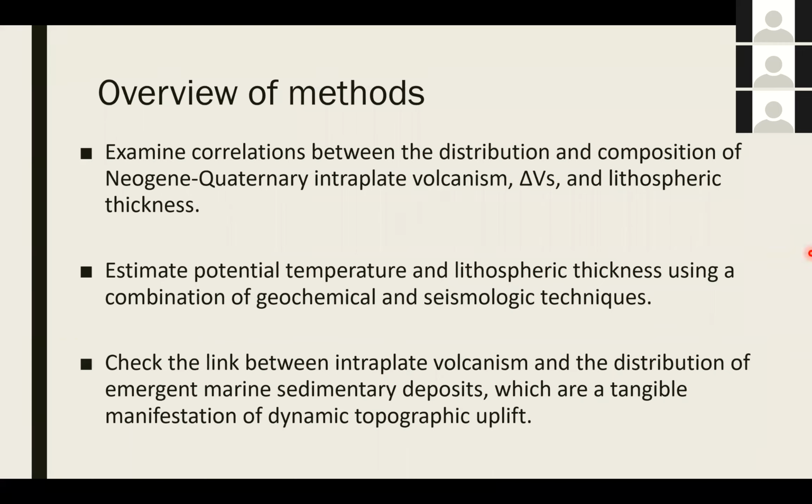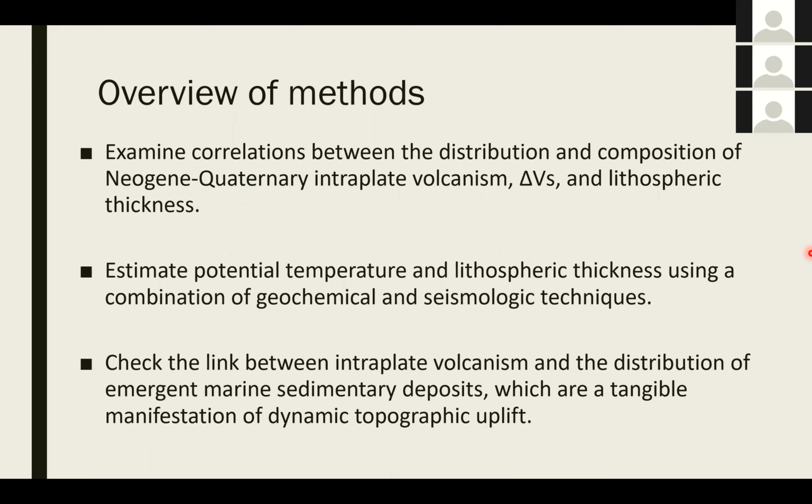And this is the overview of the methods. First, they examine the correlations between the distribution and composition of Neogene to Quaternary intraplate volcanism and delta velocities and lithospheric thickness.